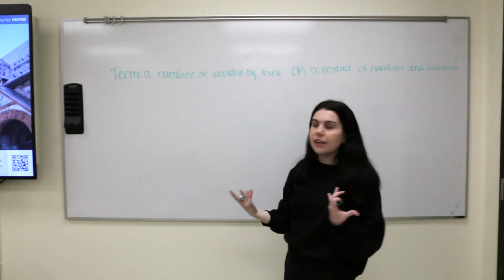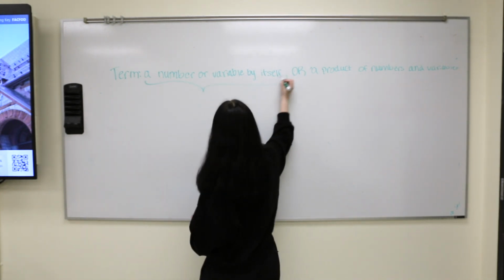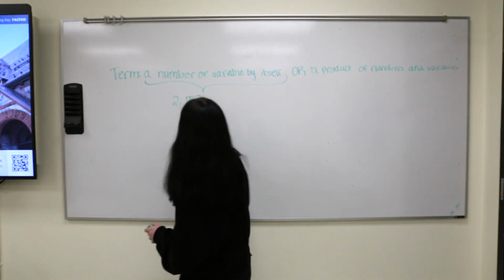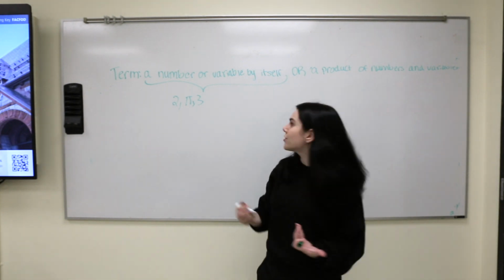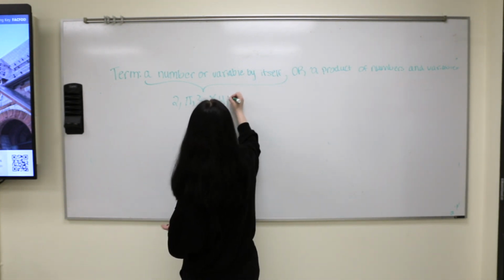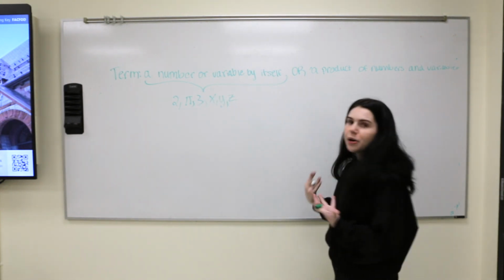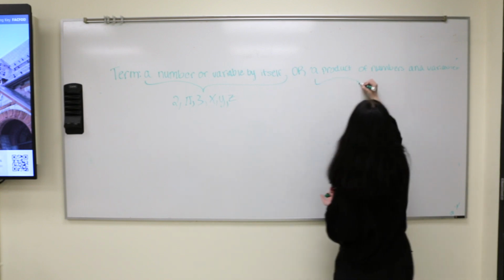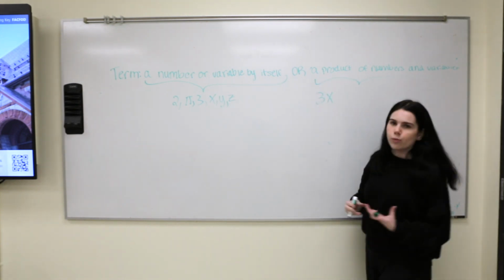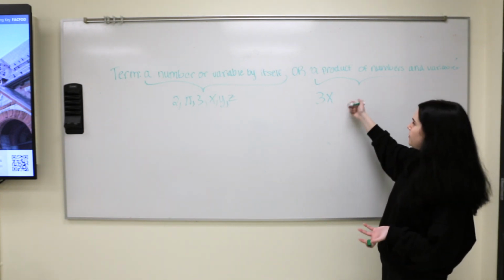So this definition is saying that a term could be something like 2, pi, or 3, which are just numbers by themselves, or a term could be something like x, y, or z, which are just variables by themselves. However, a term can also be something like 3x, which is the product of a number, 3, and a variable x.